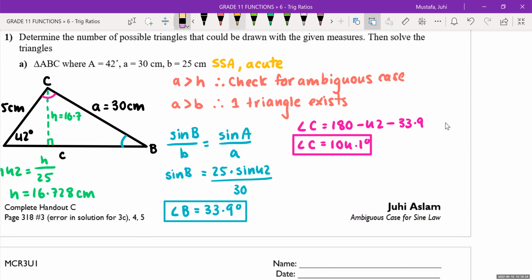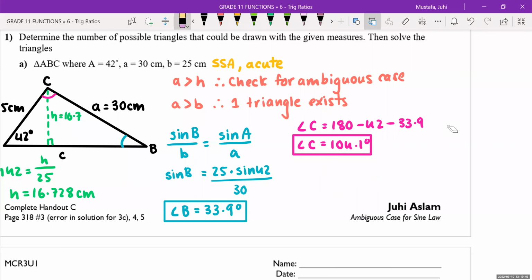Sorry, this isn't showing up. Okay. C over sine 104.1 is equal to, and now you can actually use A or B. I always pick the side lengths that were given to us just because they're probably the most accurate. So I'm going to go A over sine A. You know what? I'm thinking I should probably write the formula first.